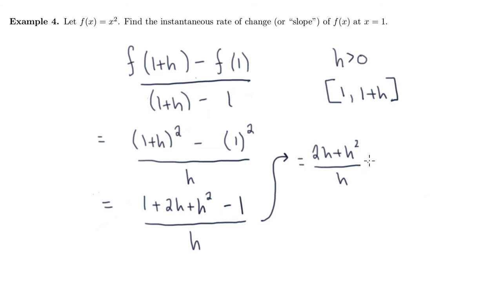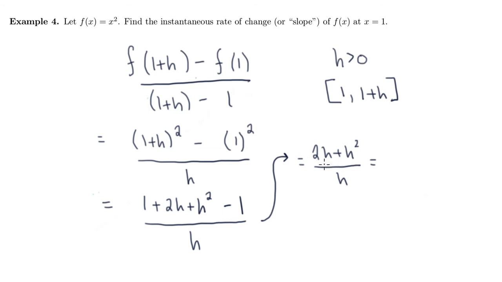And now you've got to be careful when you cancel things here, but notice that this term has an h, 2h. This term actually has two h's, it's h squared. And then the bottom has an h. And h is not equal to 0, okay?